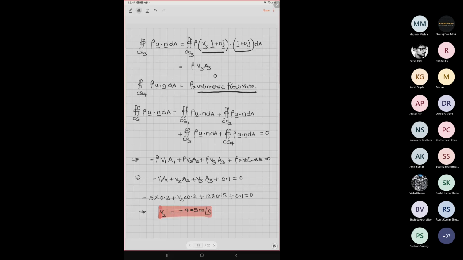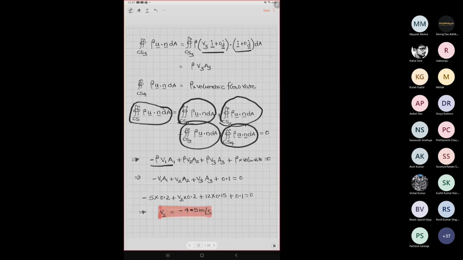Now we have already calculated all these surfaces. So the surface integral of rho u dot n dA over surface 1, plus surface 2, plus the surface 3 contribution, plus the surface 4 contribution, is supposed to be 0. That means minus rho V1 A1 plus rho V2 A2 plus rho V3 A3 plus rho times the volumetric flow rate leaking out is equal to 0.